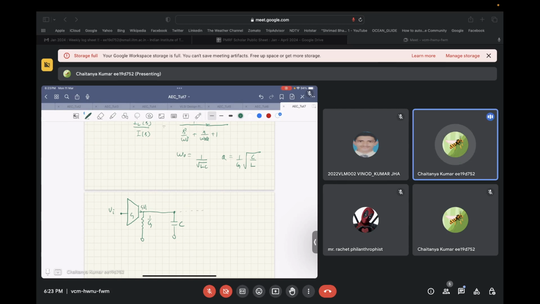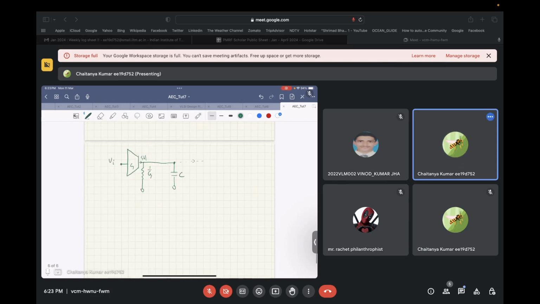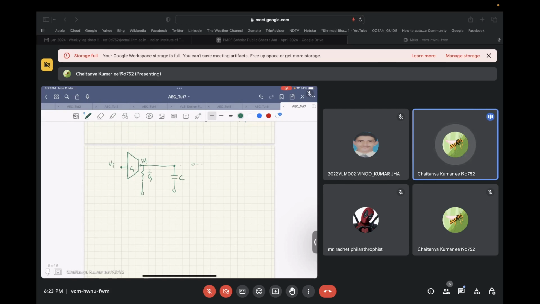The only missing piece of the puzzle is basically an inductor, and we need to tap its current. We can't build an inductor, of course, on the circuit, but it's very easy to build a capacitance on a circuit. So basically what we want is the admittance looking in from this node to be 1 by SL.